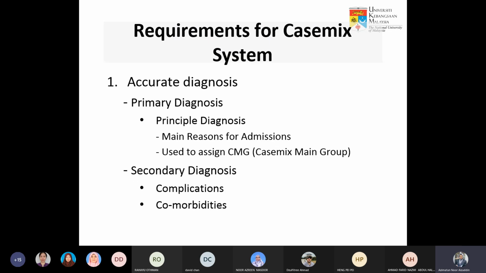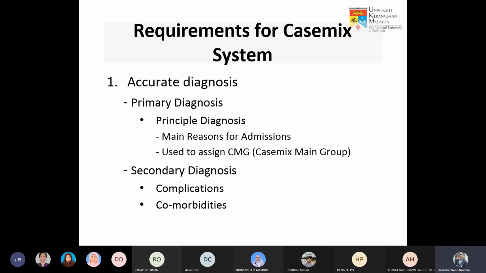So one of the things that require in the Casemix system adalah first sekali accurate diagnosis. Ini yang selalu kami di ITCC especially me and also my assistant medical officer memberi taklimat kepada houseman sebab biasanya houseman lah yang menulis dekat dalam medical record, bed record tu, kemudian juga membuat diagnosis ataupun menulis discharge summary.